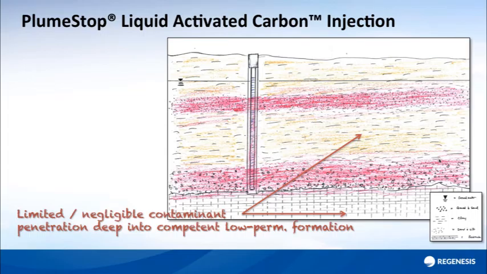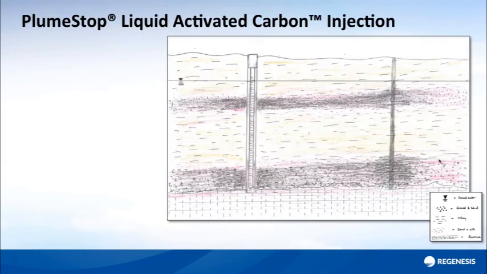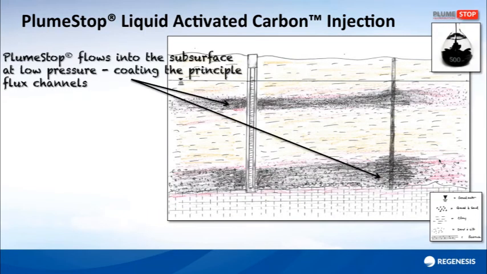So when PlumeStop is applied, it can flow into the higher flux channels, the higher flow channels, the higher permeability channels at low pressure, and it will flow through these, coating the surface as if it were painting them.